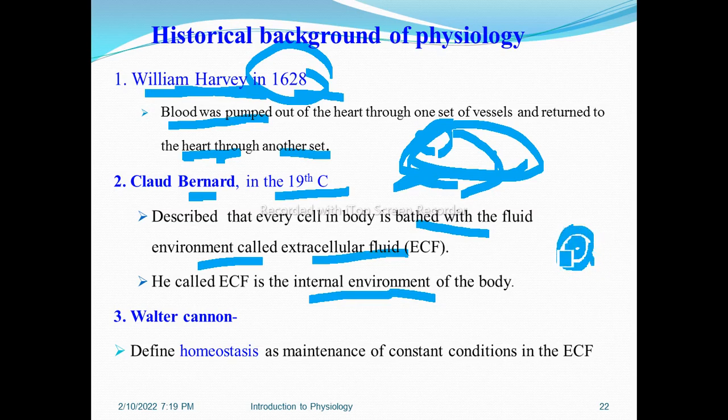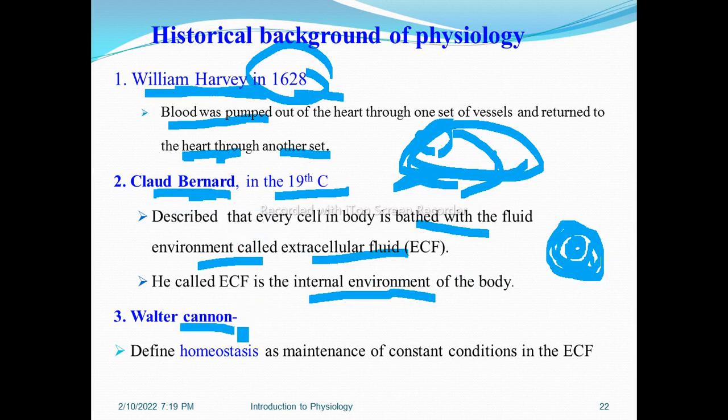This fluid bathes the cell. The fluid environment found outside the cell is considered extracellular fluid, or the internal environment of the body. So every cell is bathed or covered by water, and this covering water is known as extracellular fluid, or interstitial fluid. This concept was described by Bernard.